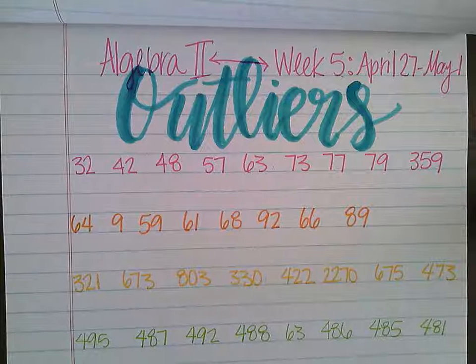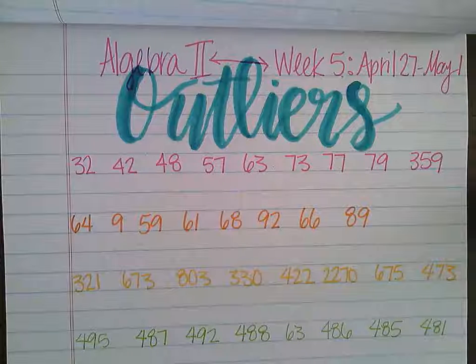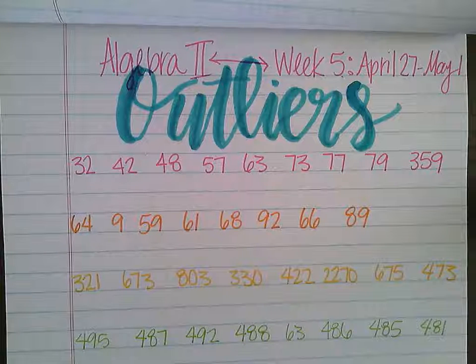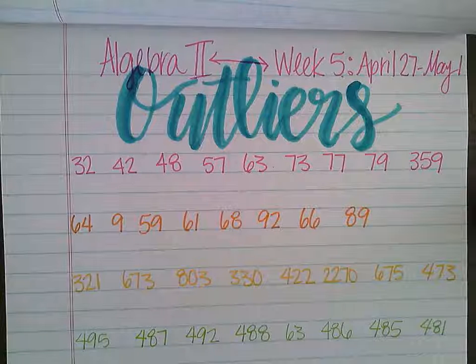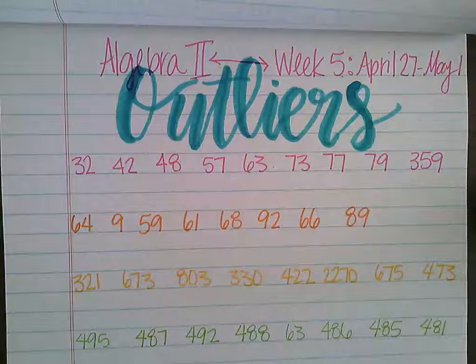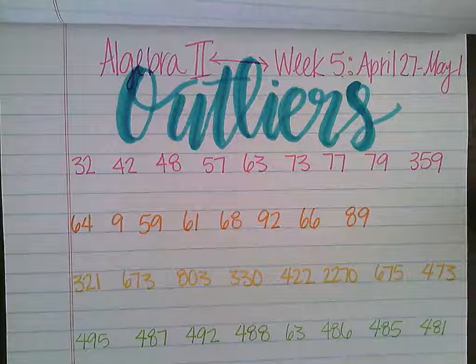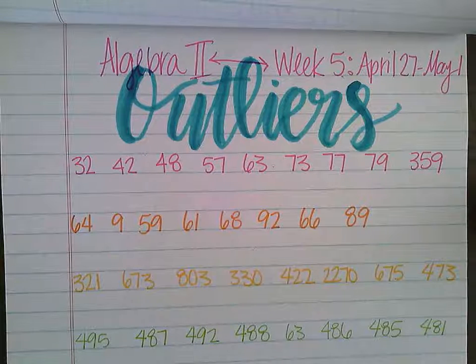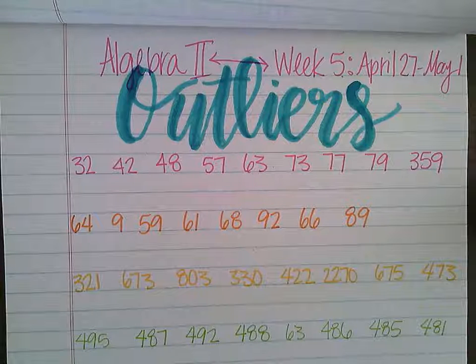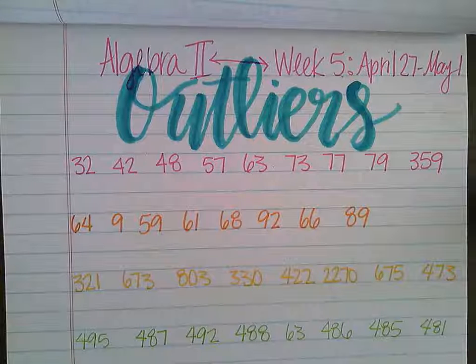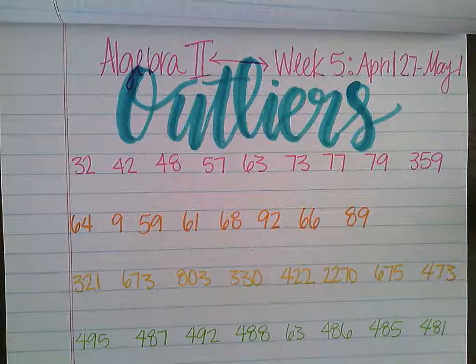And then in the second one, you're still picking that one that doesn't fit in, and it's going to say, what effect will removing the outlier have on the mean, okay? So I'm going to go ahead and do that for all of these. Just know that in the first IXL, you're only picking the outlier, and then in the second one, you're picking it and answering another question.